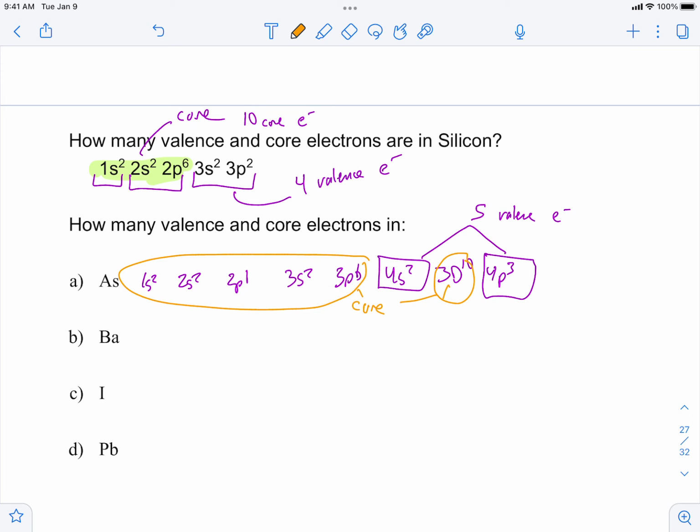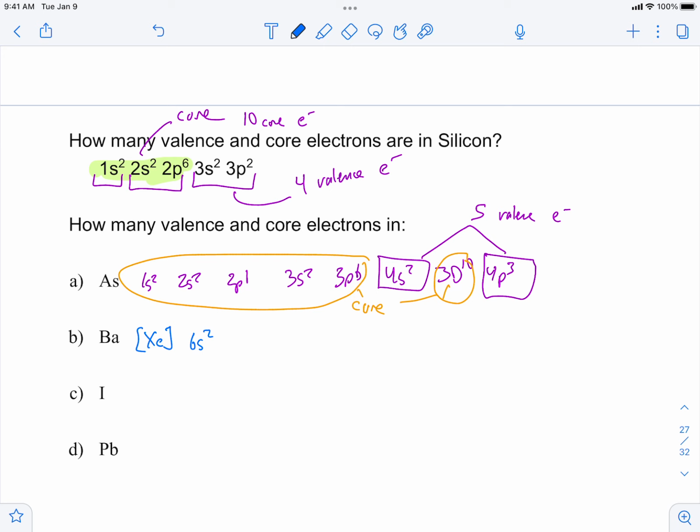Okay. And, let me just do one more for you just to get it done. Okay, barium. Actually, I'll use shorthand for barium. We'll go xenon 6s2.